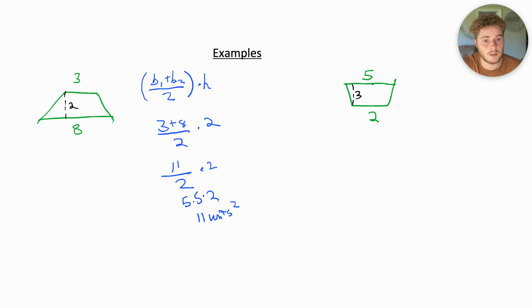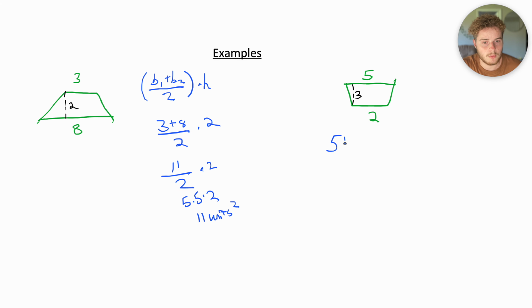Now we're used to seeing a shorter side on the top of the trapezoid. I wanted to do this example to emphasize that it doesn't matter. Base 1 and base 2 can both be switched around because you're just adding them and then dividing by 2. It doesn't matter what order you go in. We might say 5 plus 2, but we can say 2 plus 5. All you need to know is that you're adding these 2 bases to each other.